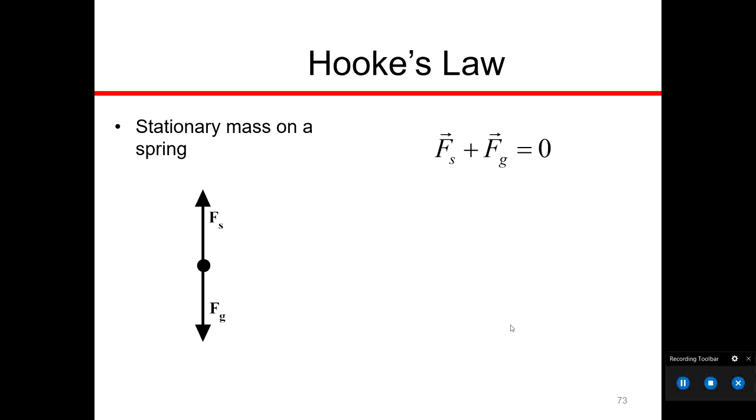Now we already know our equation for Fg is mass times gravity, but Fs, which we call the restoring force, is equal to minus kx. X here is the distance that the spring is pulled down from its initial position, and k is what we call the spring constant. We'll get back to that in a second. But this whole equation, Fs equals minus kx, is called Hooke's law.